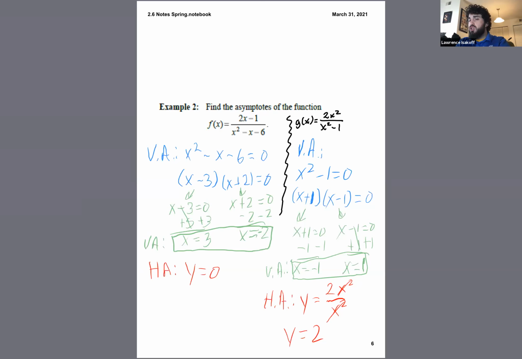We can look visually to approximate where they appear to be, and you can try a guess and check way with Desmos. But I find it rather easy to just do the math behind it and then confirm visually if we're unsure of ourselves. So that is the work for those.